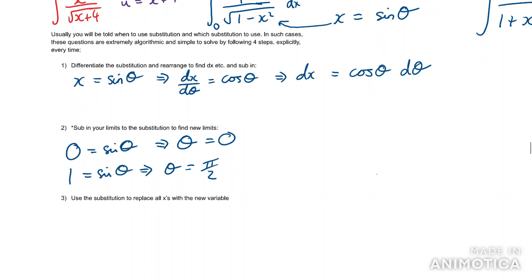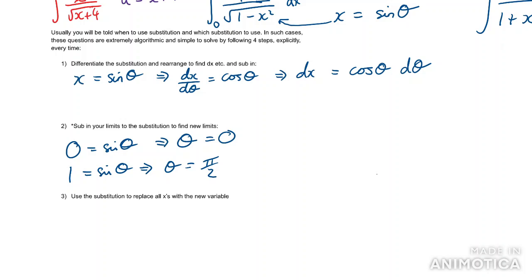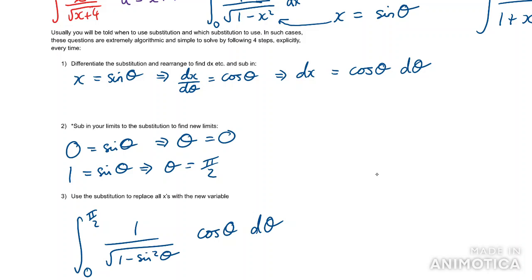Now we're in this position where we can just replace all the x's with the new variable, including the limits. So we've got 0 to pi by 2. dx is now cos theta d theta. 1 over root 1 minus x squared is 1 over root 1 minus sine squared theta.